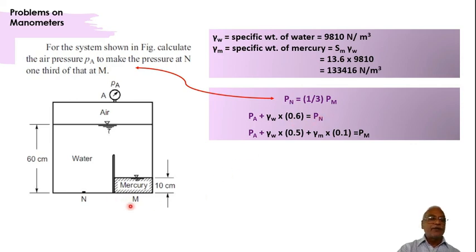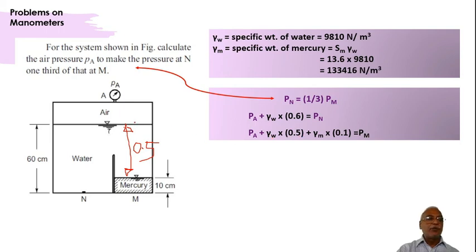Now how do I write Pm? Again I'll start with PA. I go down through what distance? This distance is 0.5 meters because it is only 0.6 minus 0.1. So this will be 0.5 meters in water, that's why gamma W into 0.5.